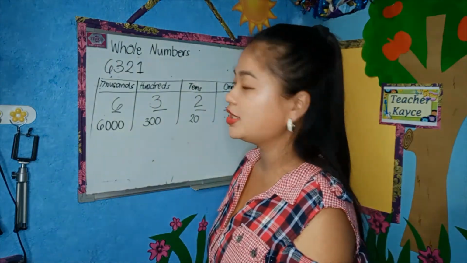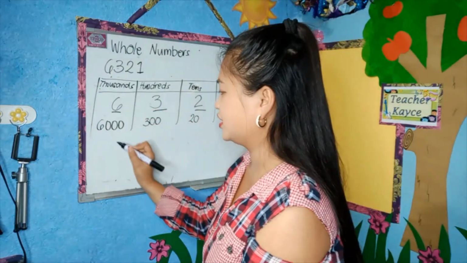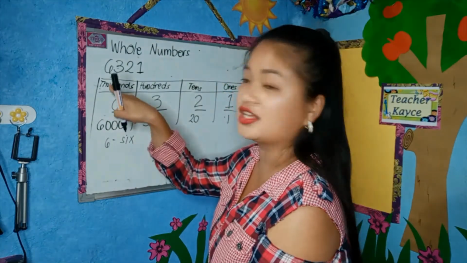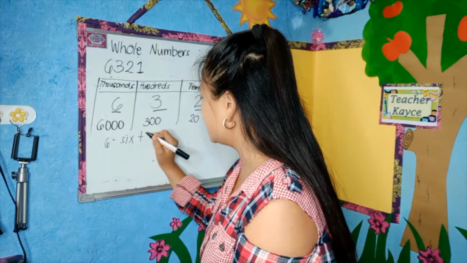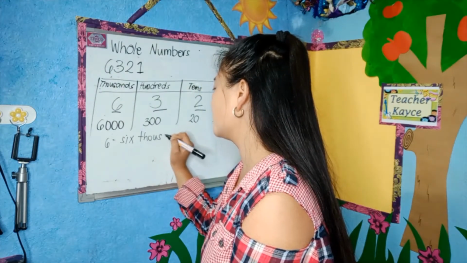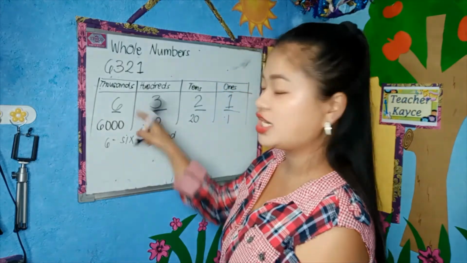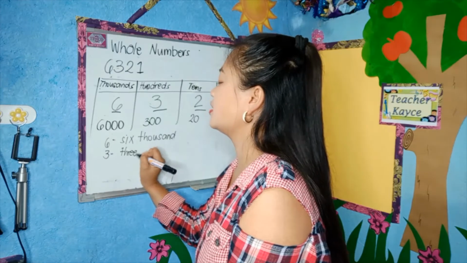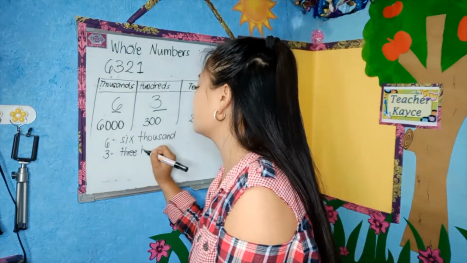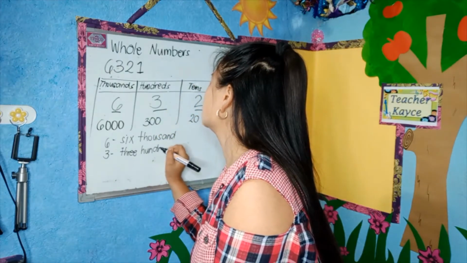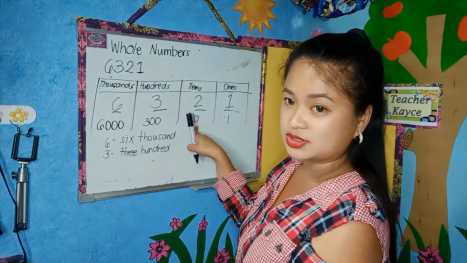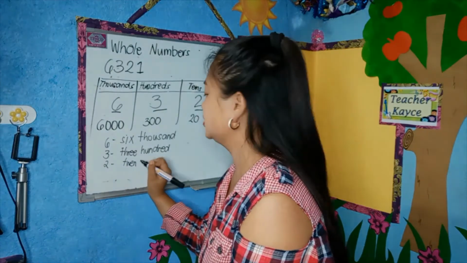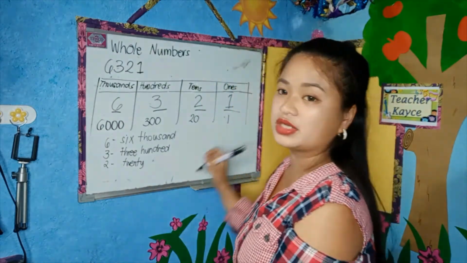So let's try to read it. We have here 6, it is under 1,000. So 6,000. We have 3 under hundreds, 300. Next, 20. And the last number is 1.